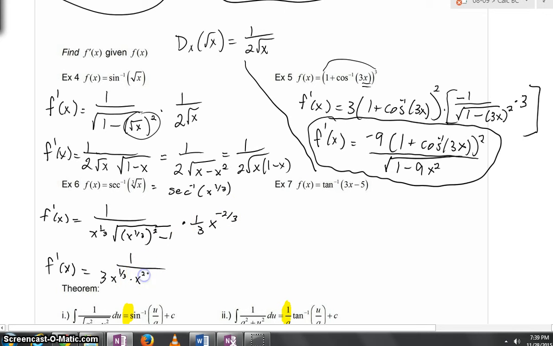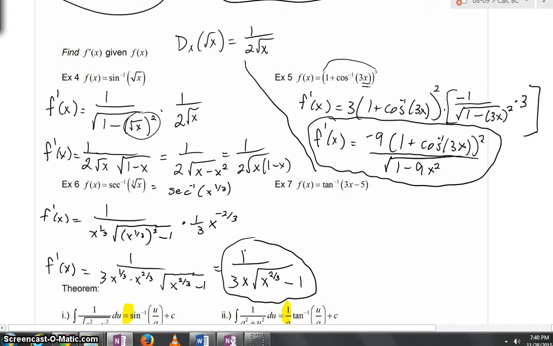That's going to bring this x to the 2/3 down right here. When I square x to the 1/3, I'll get x to the 2/3 inside that radical. And just cleaning this all up, x to the 1/3 times x to the 2/3 is just an x itself. Then inside we'll have x to the 2/3 minus a 1.